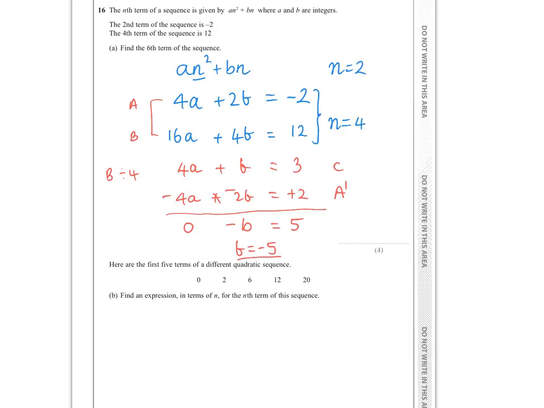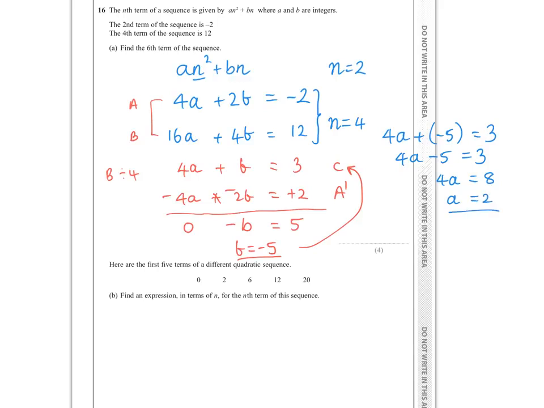And I can substitute that into C, and that's going to give me 4a plus b, which is -5, equals 3. I'm going to just write this more clearly for you. I'm going to add 5 to both sides and divide both sides by 4.